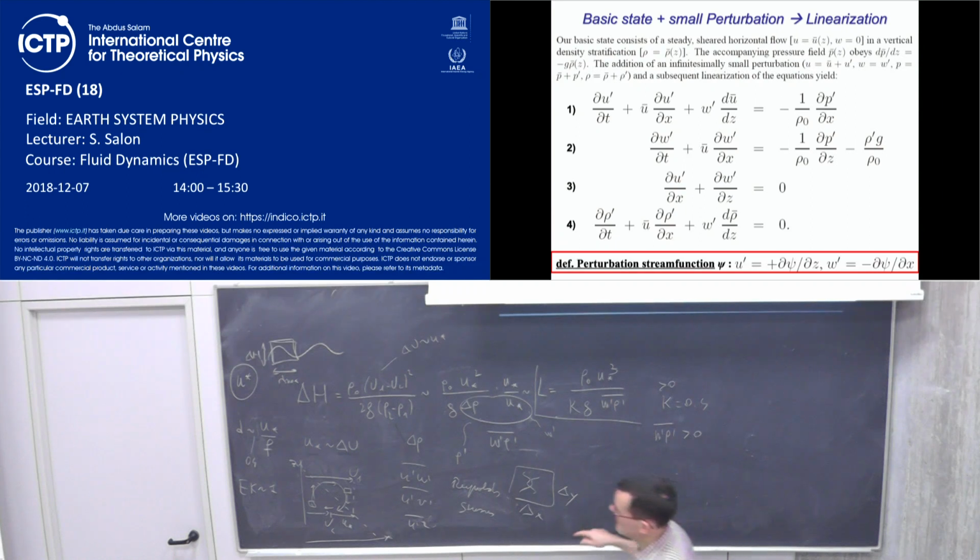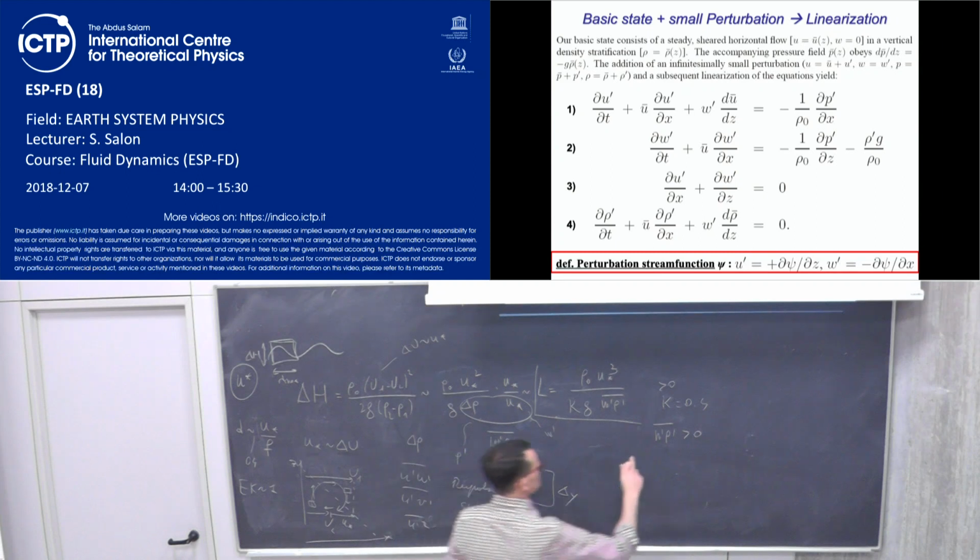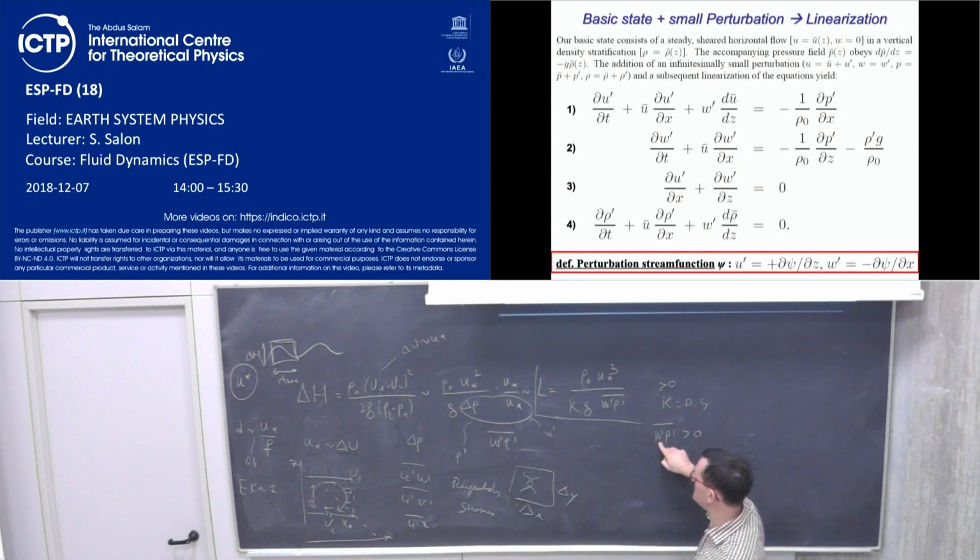So in the general turbulence of the system, a parcel which has positive vertical velocity perturbation will be correlated with positive density perturbation, so w prime positive will be correlated with rho prime positive, or w prime negative will be correlated with rho prime negative.